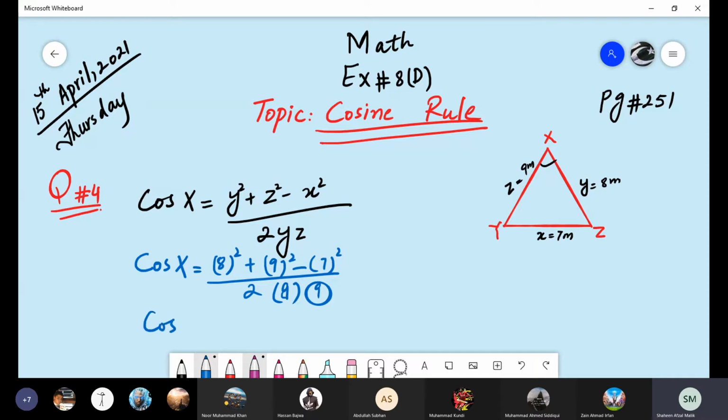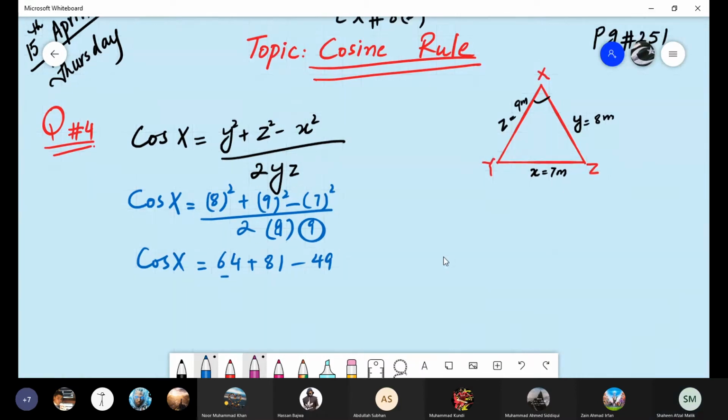So cos X is equal to 8 square is 64, 9 square 81, 7 square 49, divided by 2 8s are 16, 16 9s are 144. Just add and subtract the numerator and tell me the answer. 96. Cos X is equal to 96 over 144.